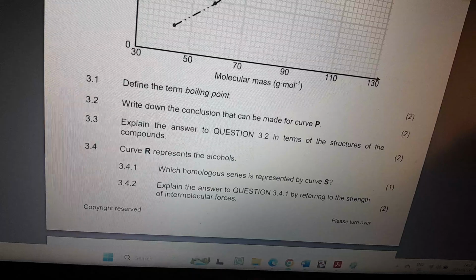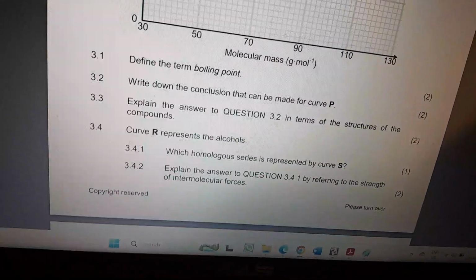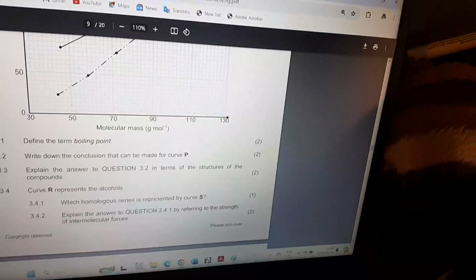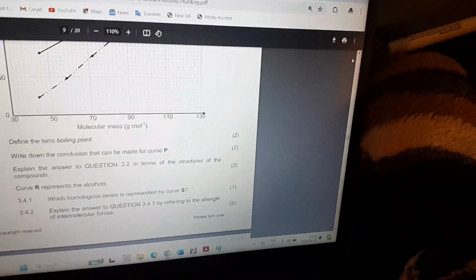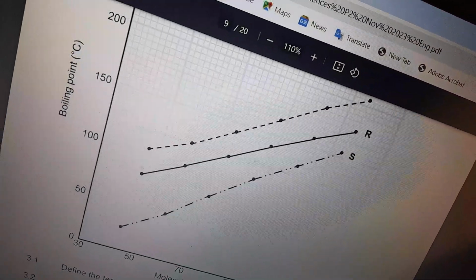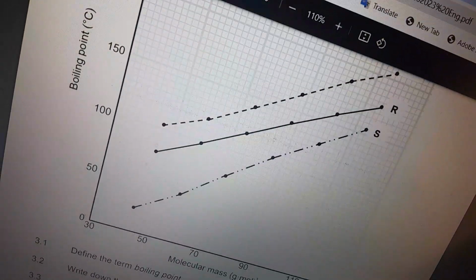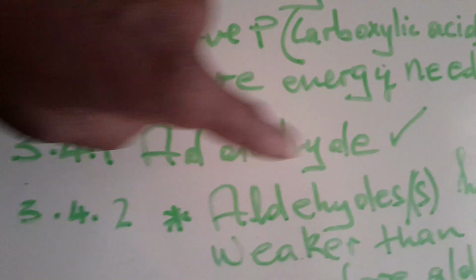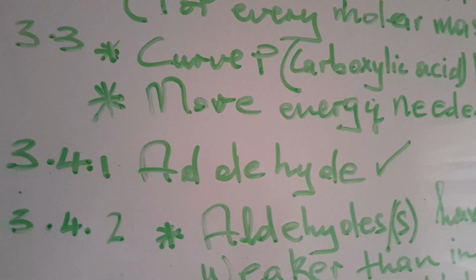Which homologous series is represented by curve S? Okay, if the middle graph is alcohols, then obviously the one with the lowest intermolecular forces or boiling points is the aldehydes. So curve S represents the aldehydes. That's 1 mark for that.